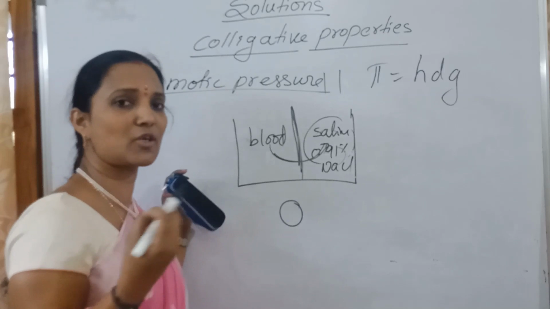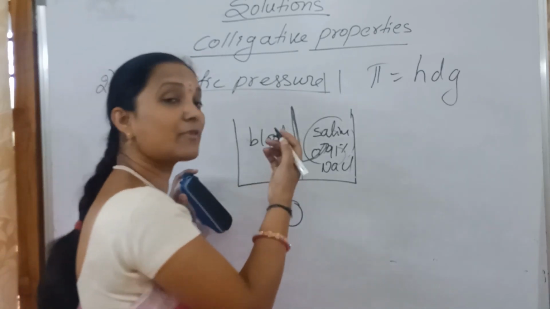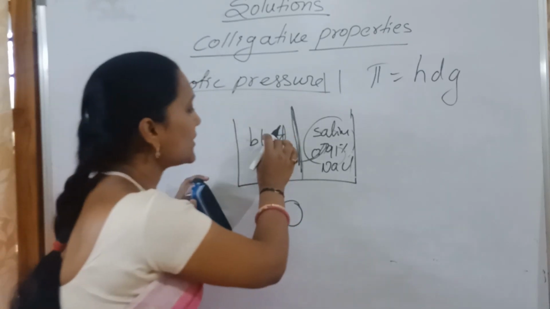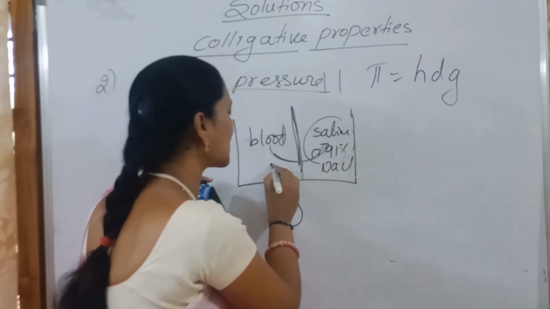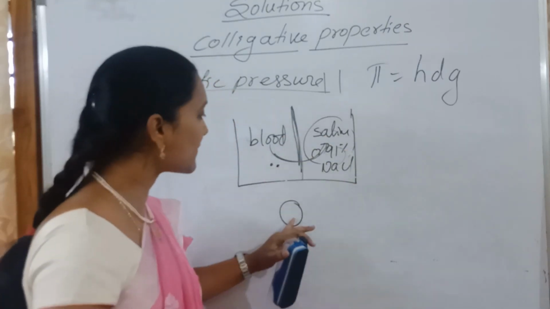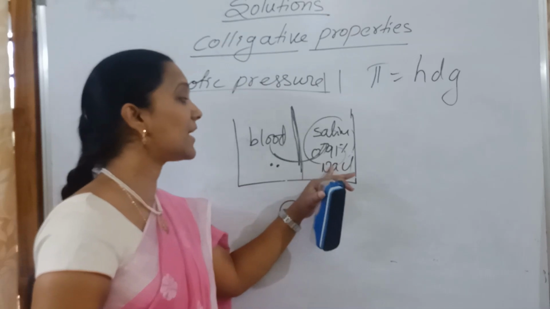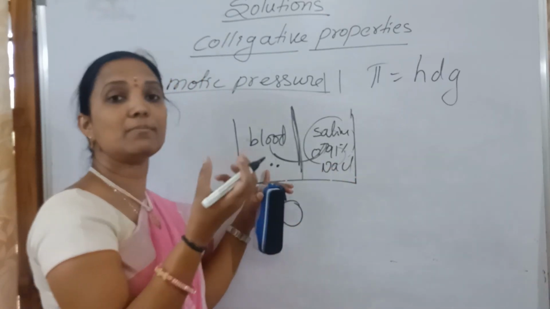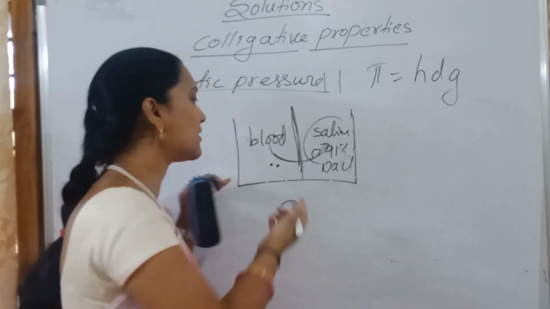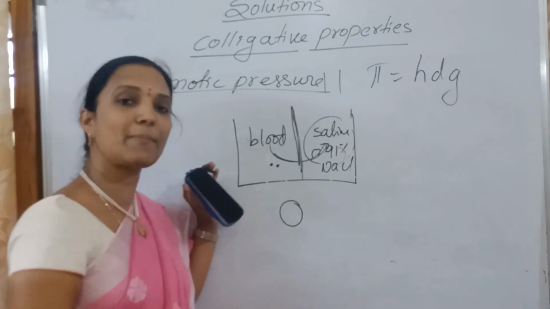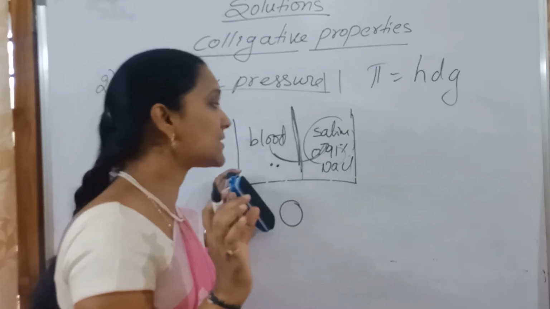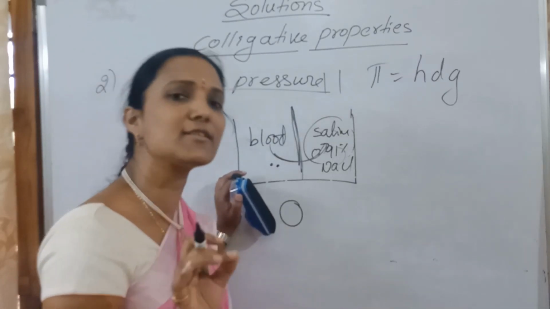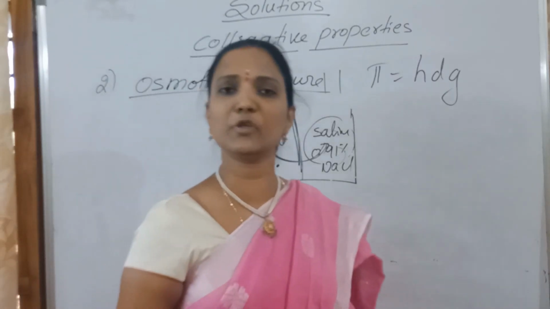Water comes out from the blood cells, and the blood cells shrink. Here, swelling of blood cells. If saline concentration is more, then blood cells shrink. What happens here? Exosmosis. Here? Endosmosis. Now the saline concentration must be exactly 0.91% NaCl.